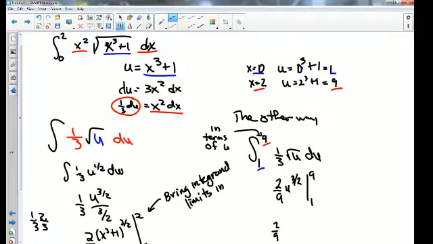So again, 2/9 times 9 to the 3/2 minus 2/9 times 1 to the 3/2. Same problem, just a little bit shorter, and we get the same answer, 6.